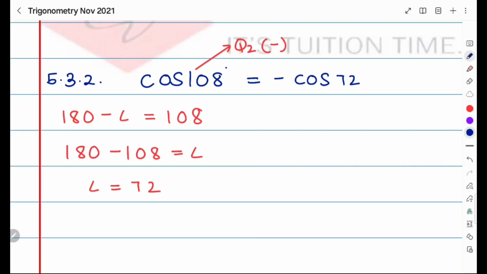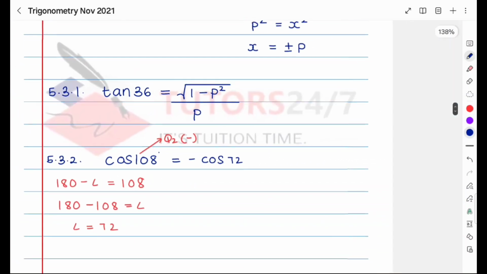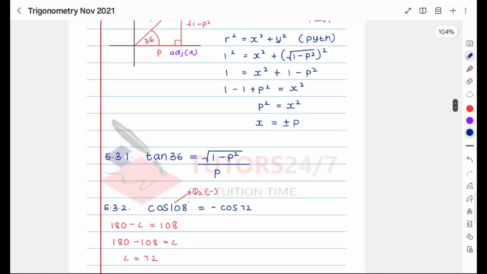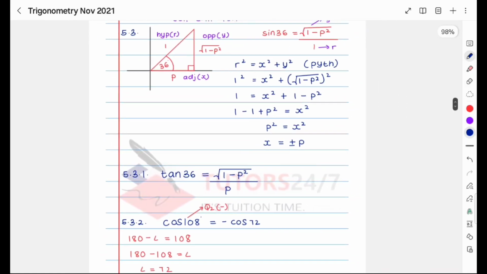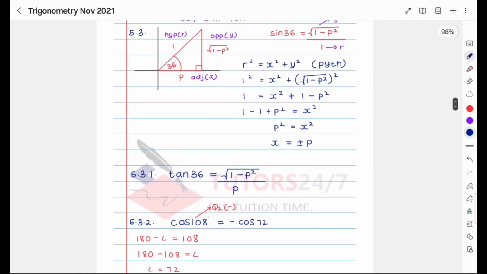Now that we have negative cos of 72, we need to ask ourselves, how can we connect that back to the diagram? Because the diagram doesn't have an angle of 72. However, we know that 2 times 36 is 72.